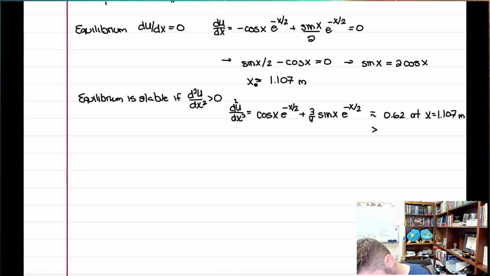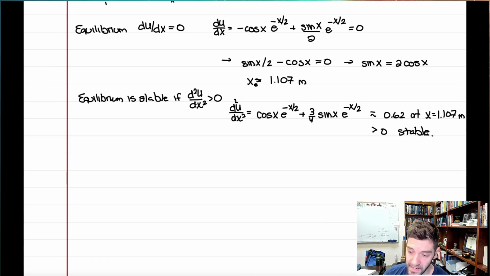So that's greater than 0. This is indeed stable. Not too surprising, given that I could make a plot and see that it is indeed a valley versus a hill. So it's a stable equilibrium point. So I can imagine that if I'm sufficiently close to that equilibrium point, I can approximate this complex potential energy function.